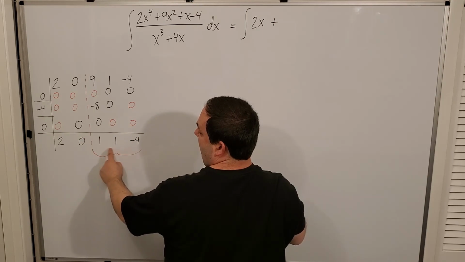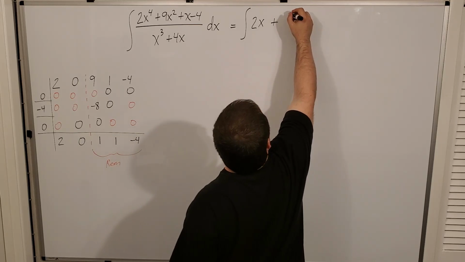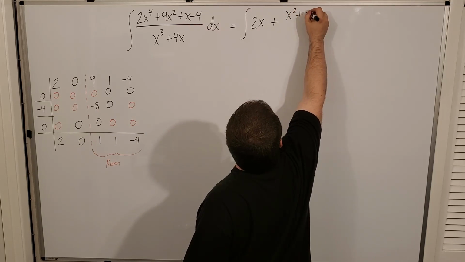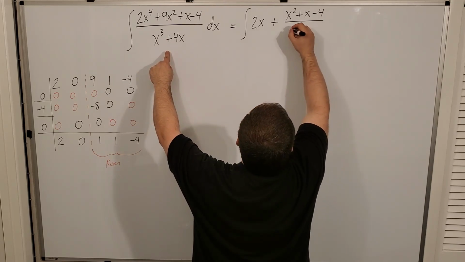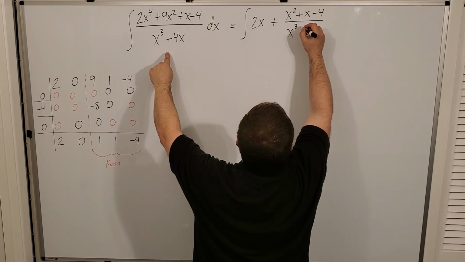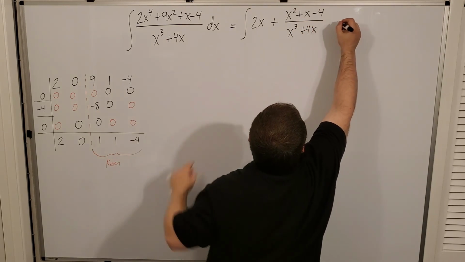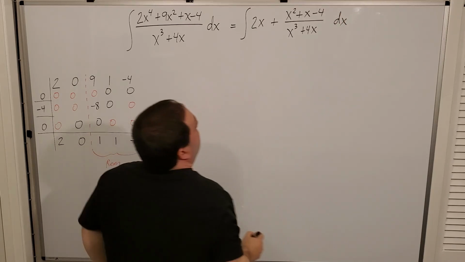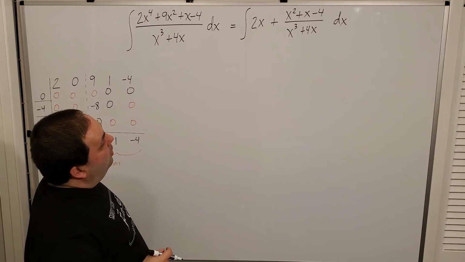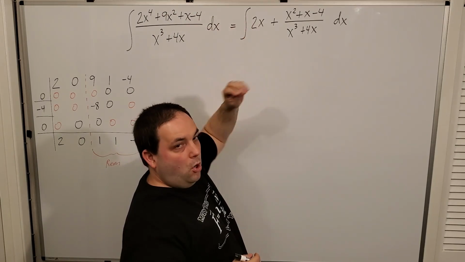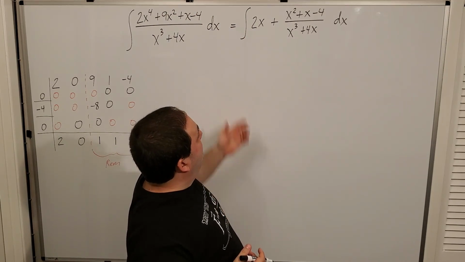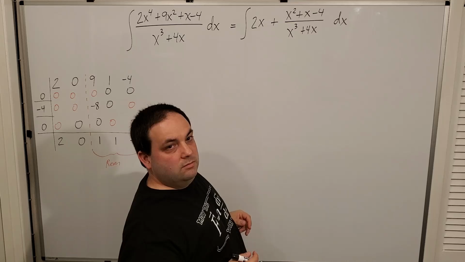I've got number, x and x squared. That's going to be x squared plus x minus 4 over the original divisor here, x cubed plus 4x dx. Well, okay. So the integral of the 2x part, cinch, power rule. We've already got that part figured out.